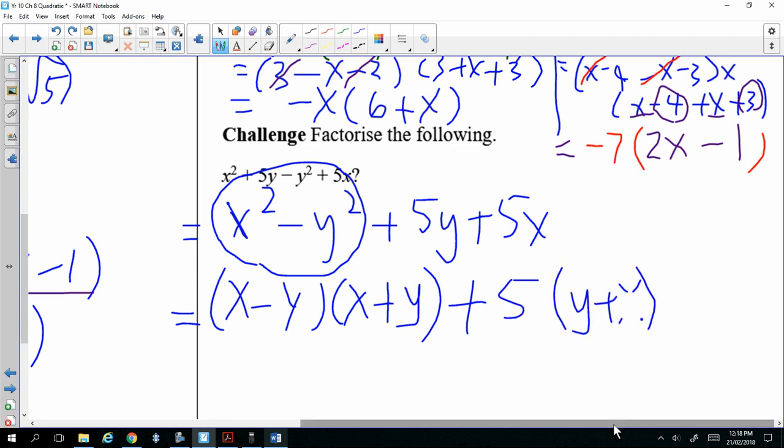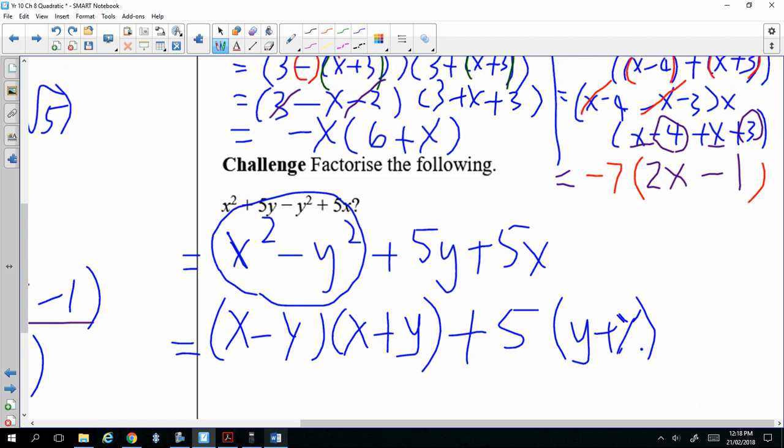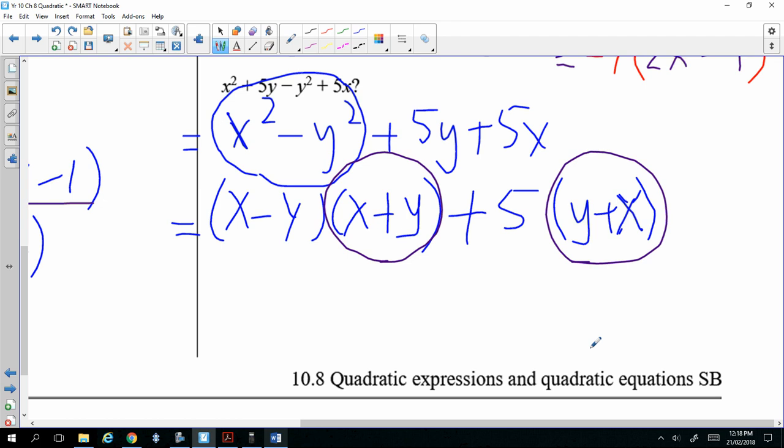All right, which one? Yep, they're the same, just different order. So you take out x plus y. And then write down any remaining terms. What are the remaining terms? The x minus y and the plus 5. So it's not as challenging, but you just need some experimentation.